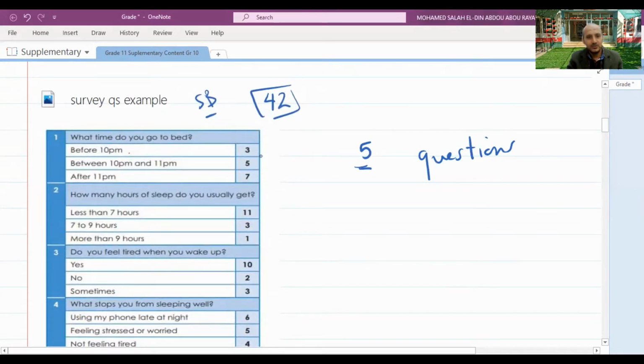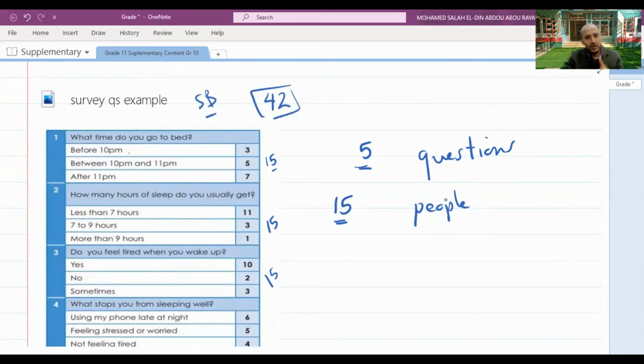Look at the numbers: 3 plus 5 plus 7, this will be 15. So he asked 15 students. Of course, in this case, he did the survey on grade 10 students.